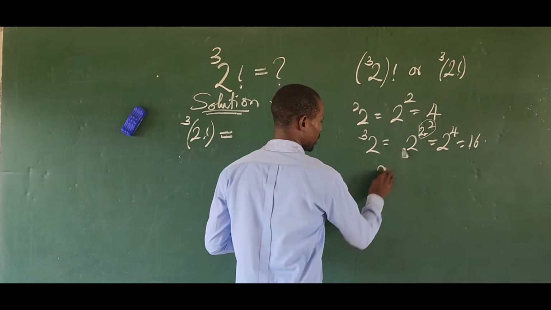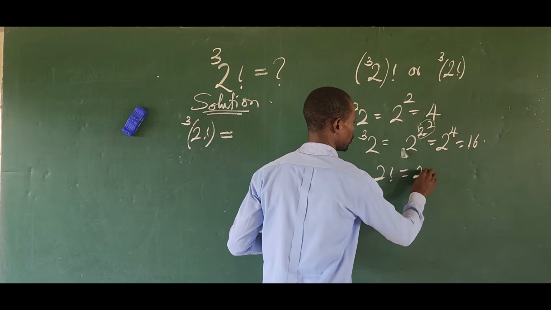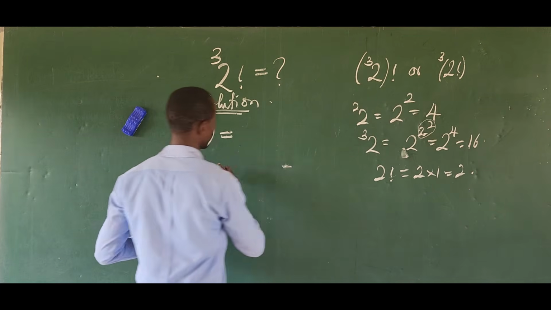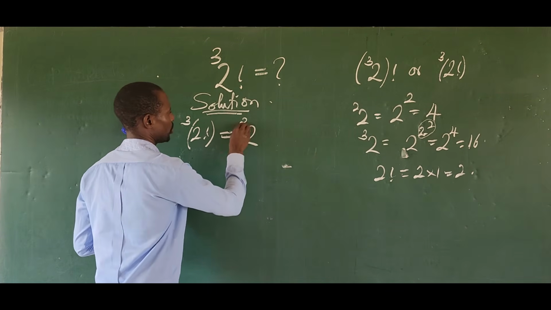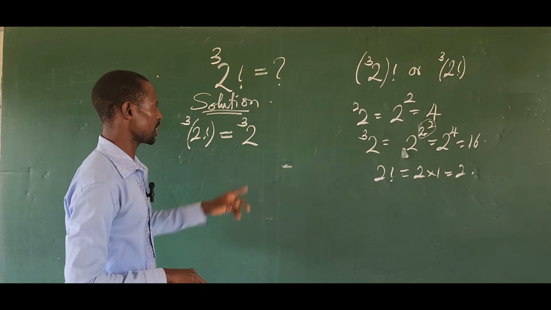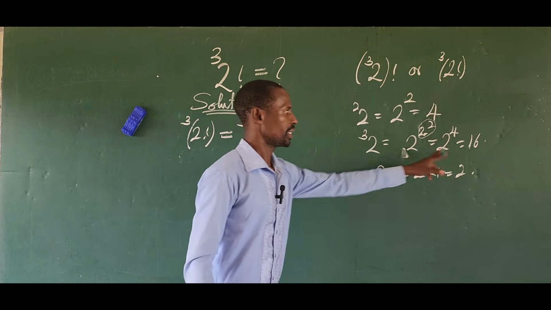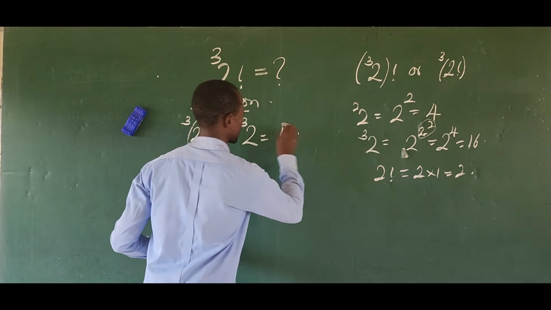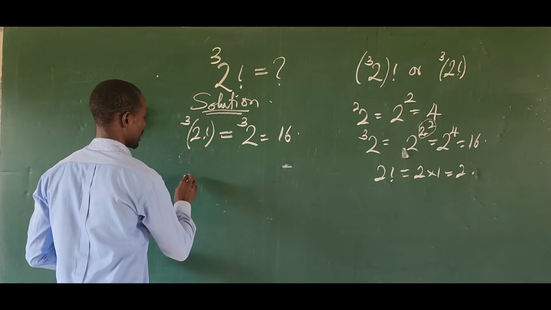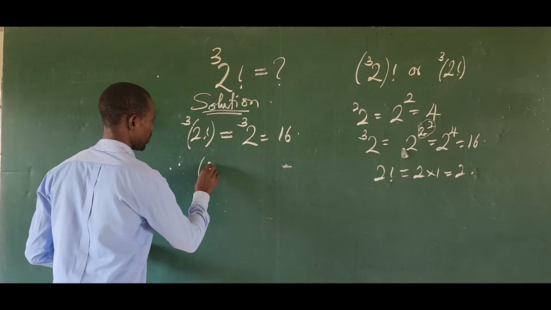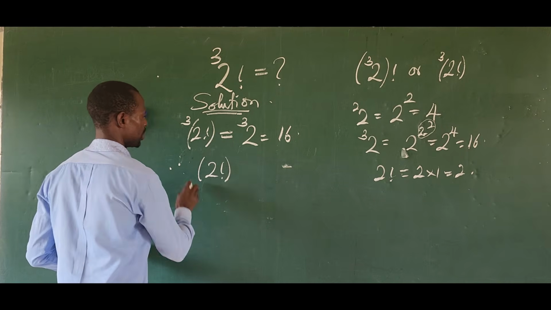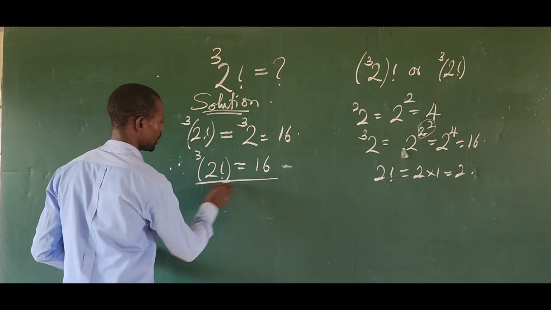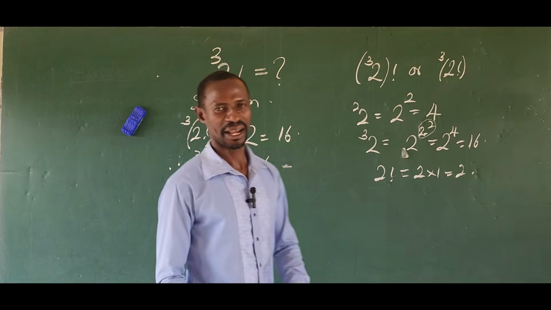We all know that, right? 2 factorial is equal to 2 times 1, which is equal to 2. So automatically, this is going to give us 2 tetration 3, and what is 2 tetration 3, like we did here, is equal to 16. Therefore, we can say that bracket open 2 factorial, tetration 3 is equal to 16. So let's keep this as our first answer.